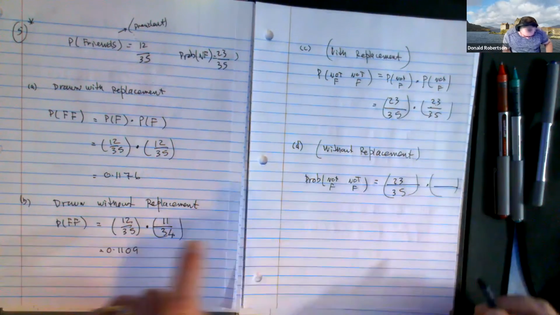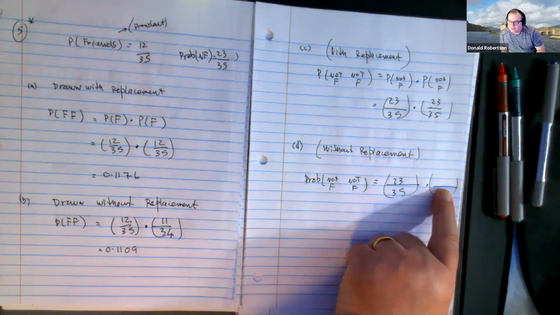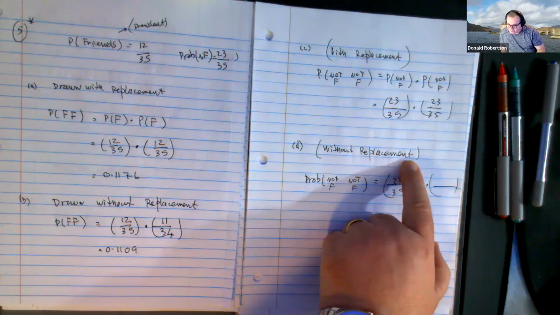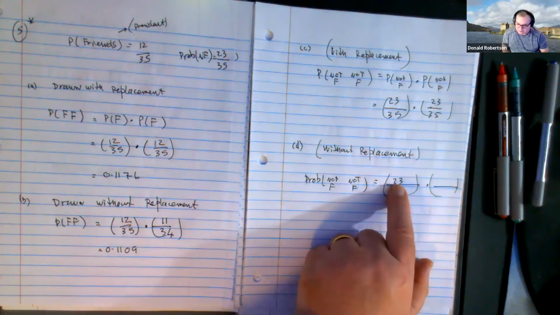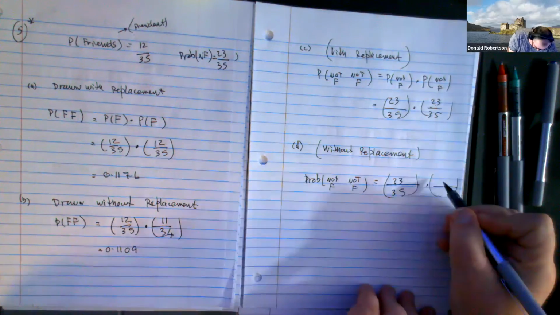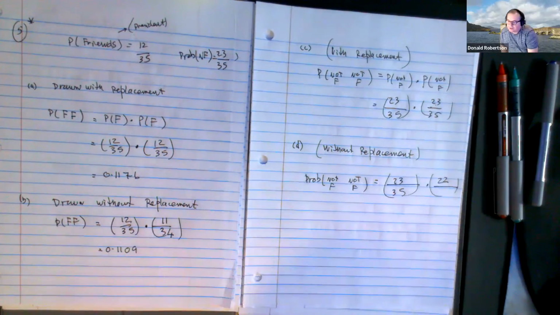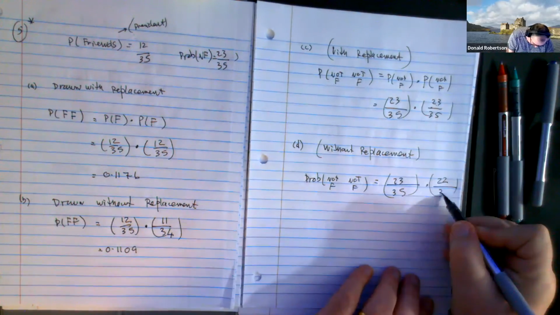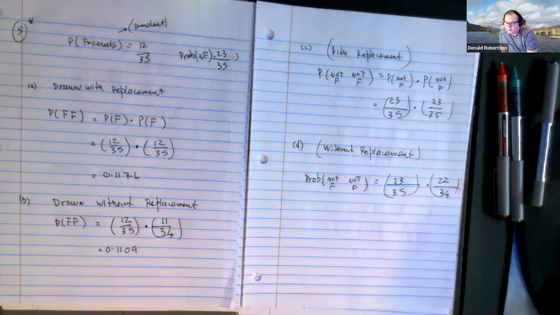But just like over here, isn't this second situation going to change a little bit? Because that first person has been used up. So he's not a friend, right? That's used up. Doesn't that mean you've only 22 people who are not a friend? And there's 34 people to do it with.